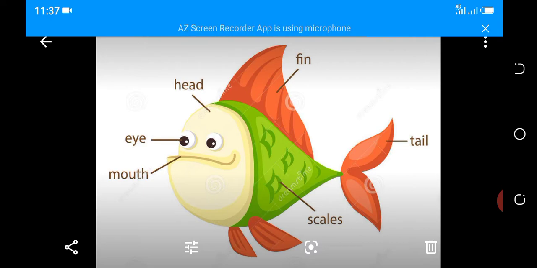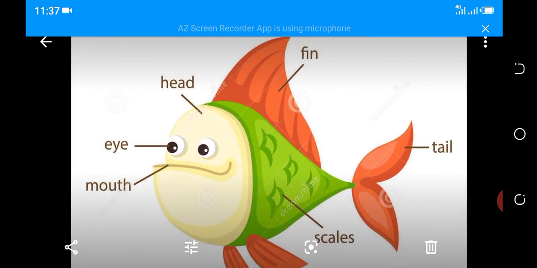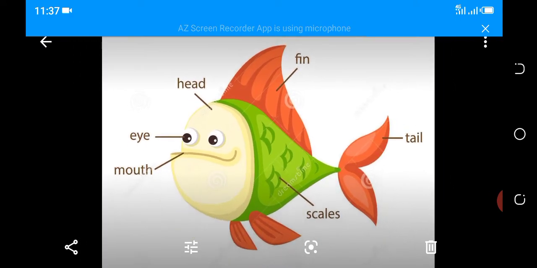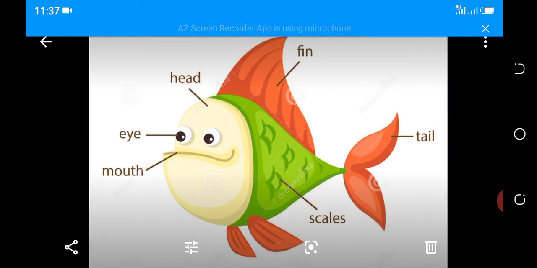We will continue talking about sorting living things. We said that to sort living things means to put them in groups and classify them according to their similarities or differences. We talked about the group of mammals and the group of birds, and we put these living things in groups because they have common characteristics.